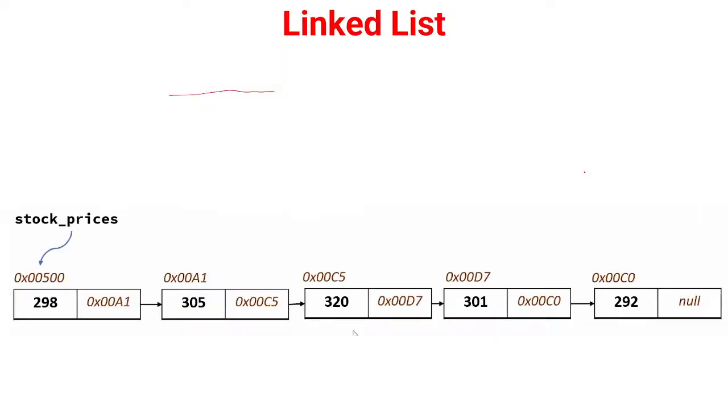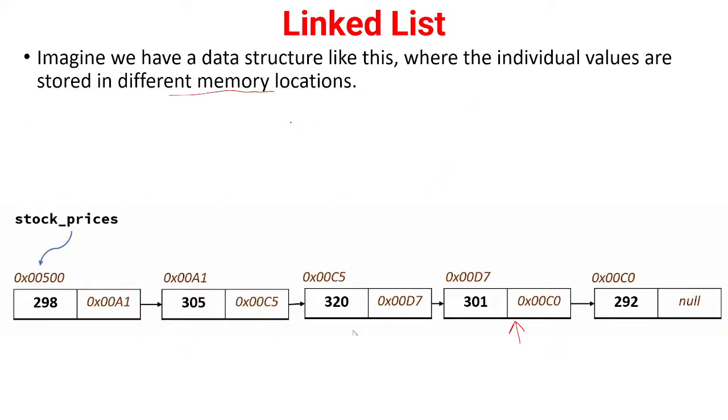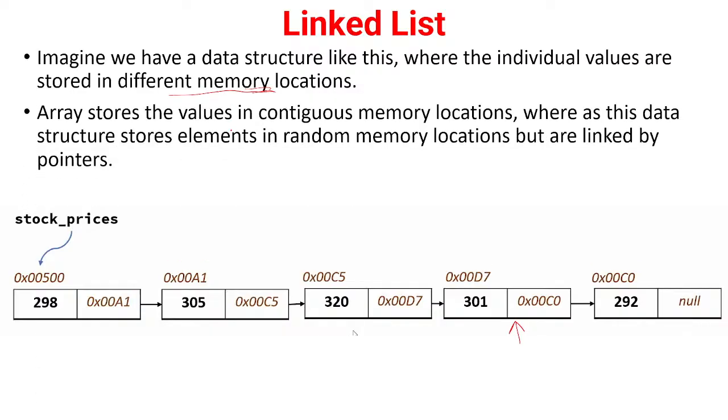So instead of that, if you store elements at different locations and connect them in linear fashion, then it becomes an efficient organization. That is called a linked list. An array stores values in contiguous memory locations, whereas this linked list data structure stores elements in random memory locations.